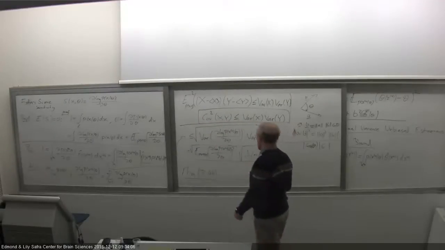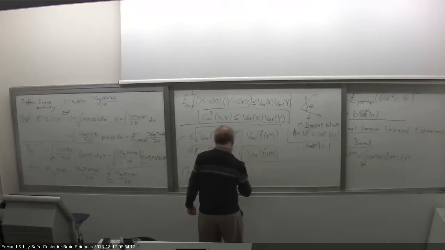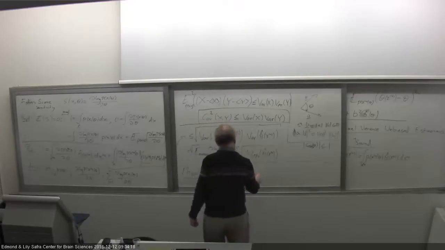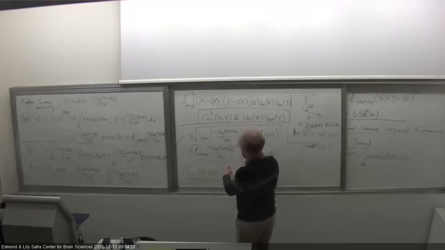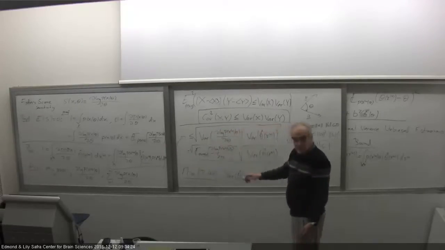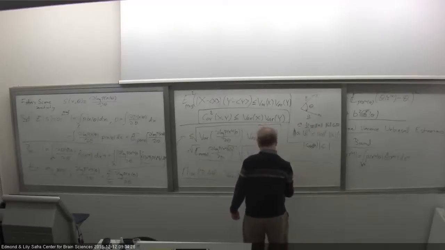What did we prove? We proved that the variance of any unbiased estimator, sorry, is greater than just 1 over the second moment of the score.